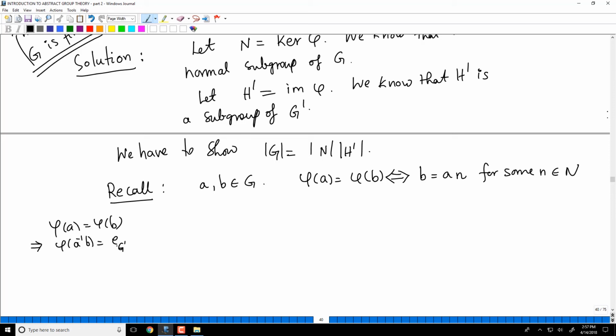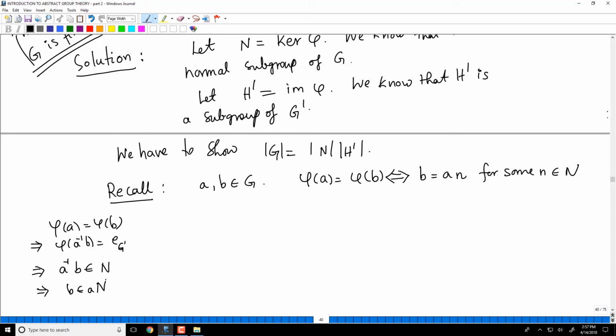So these are inverses of each other, and multiplying them you get the identity element of G prime. I have done many examples of this, so I am not going to write down the details. But if A inverse B goes to e of G prime, by definition A inverse B belongs to N. That means B belongs to AN. Right? This is exactly the statement.